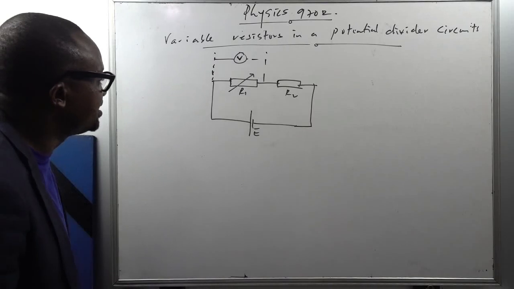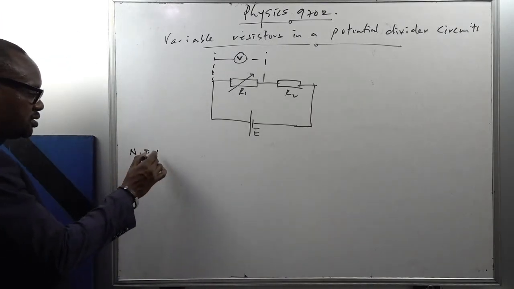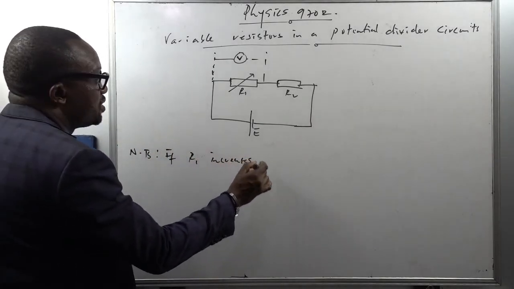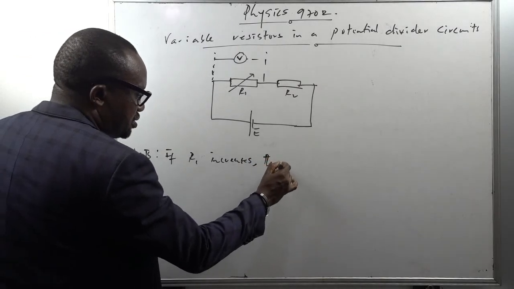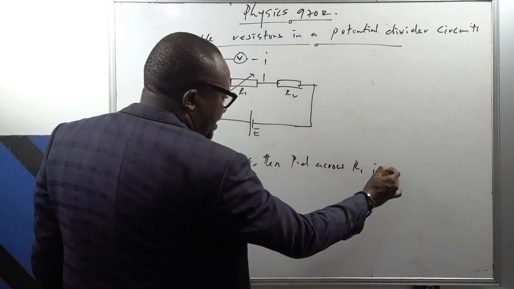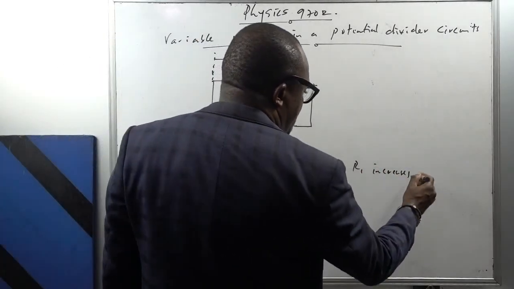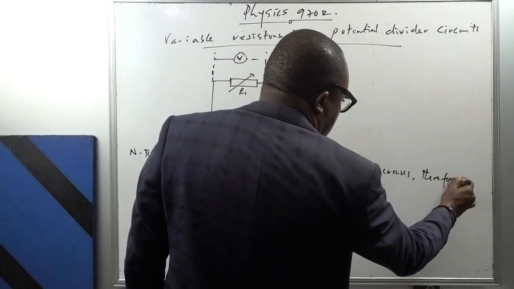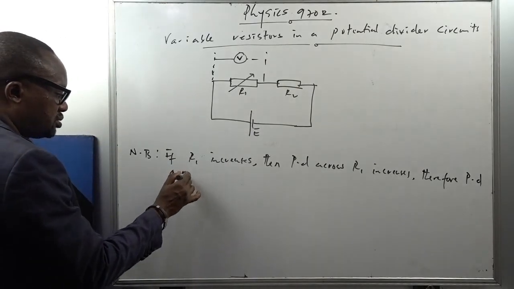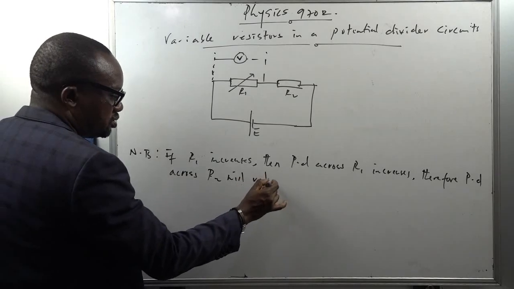A voltmeter with infinite internal resistance is referred to as an ideal voltmeter. So, the question is this. Note that if R1 increases, then the PD across R1 increases. Therefore, the PD across R2 will reduce.